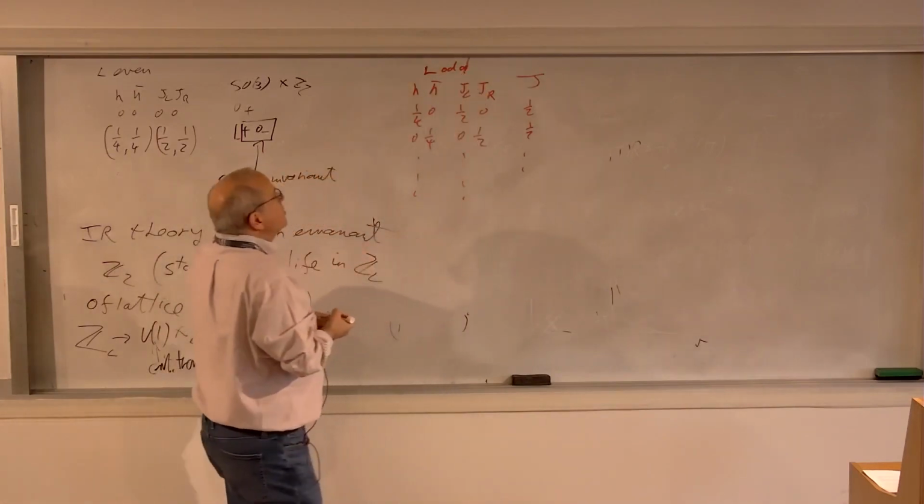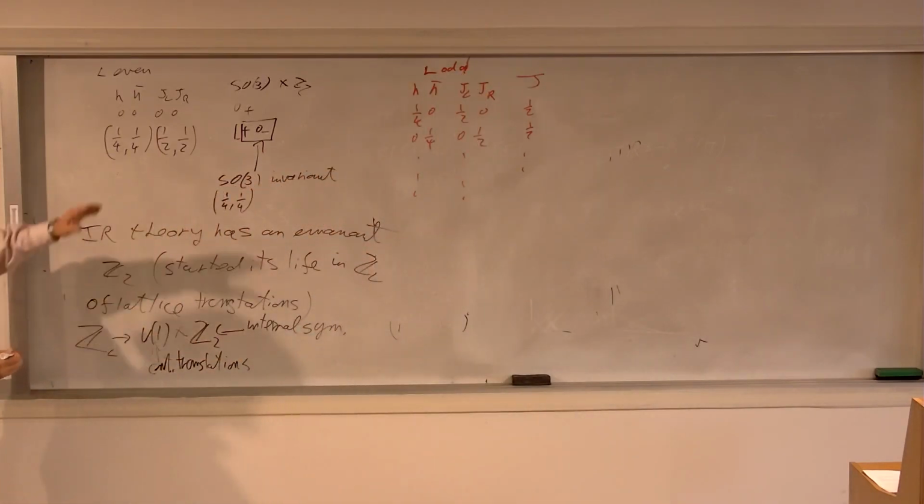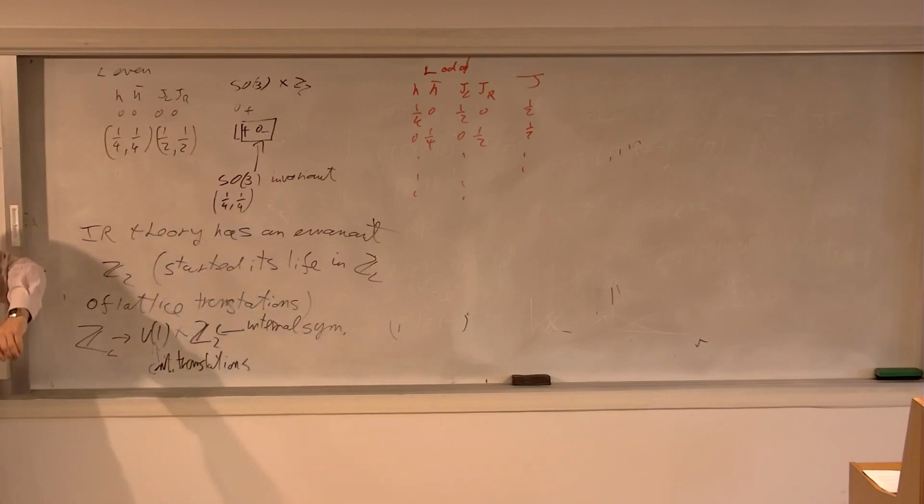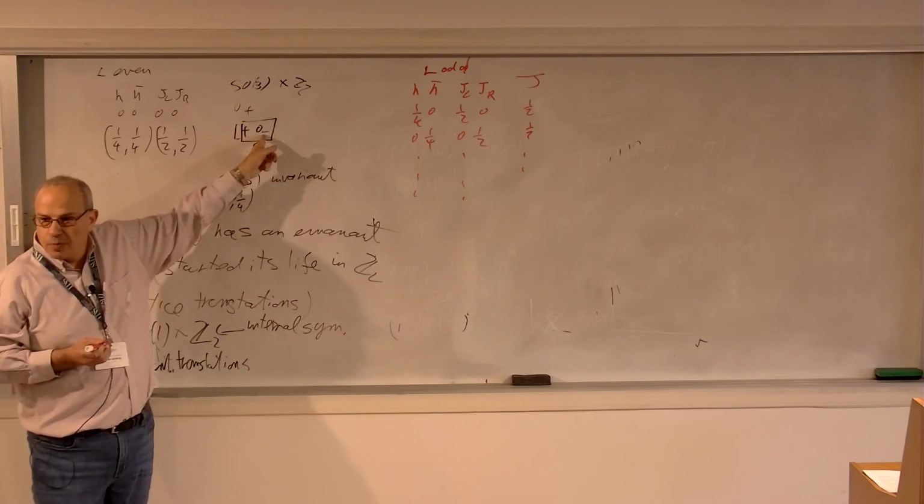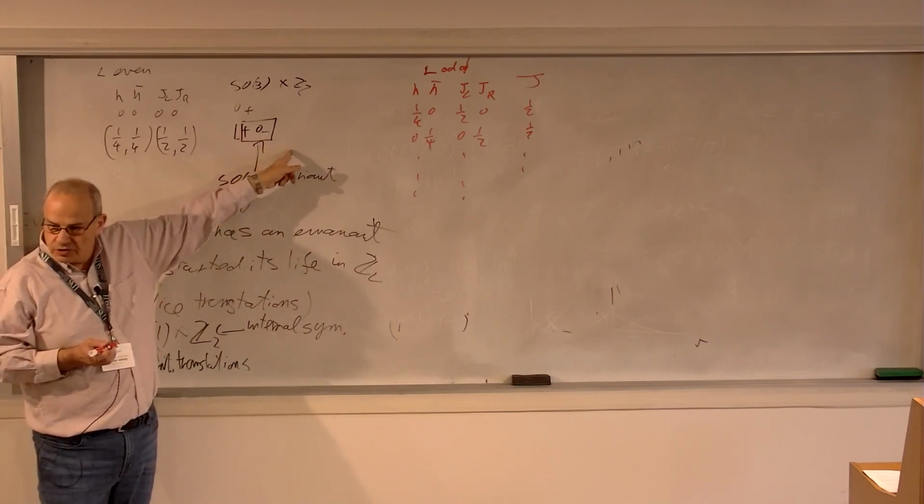And I claim that already for L even, there is a puzzle. If you don't see that there is an exact symmetry in the continuum limit, which is not a symmetry at the microscopic level, then it's puzzling why this operator is not present. You have to impose the extra symmetry.